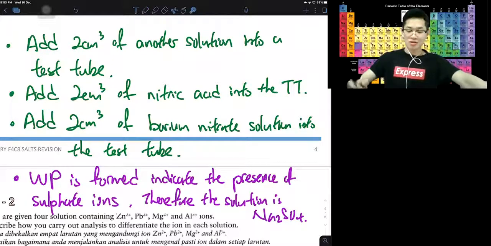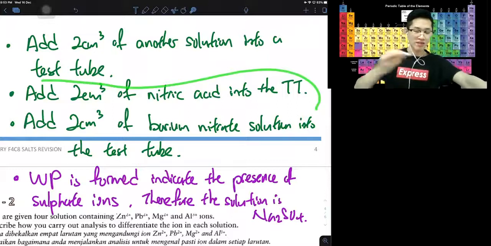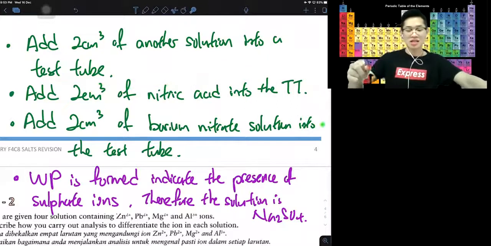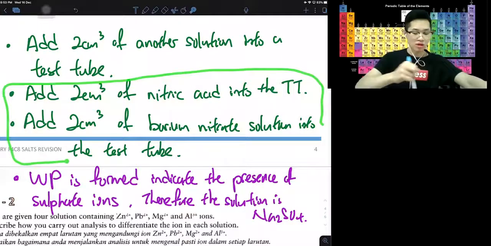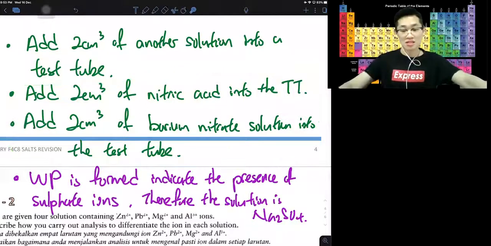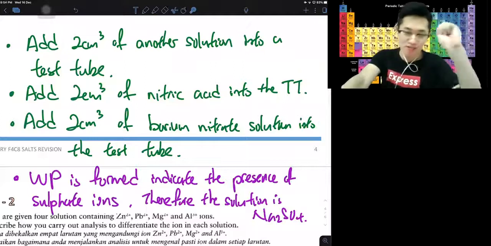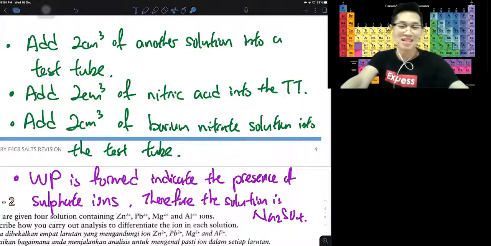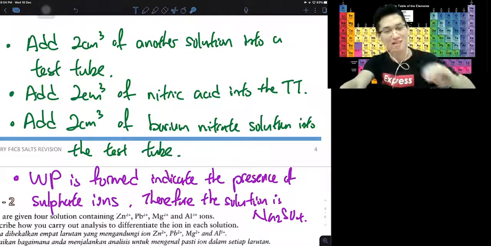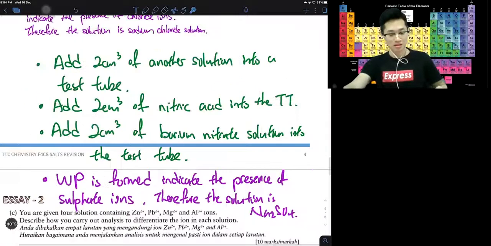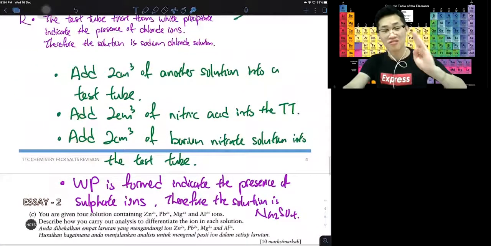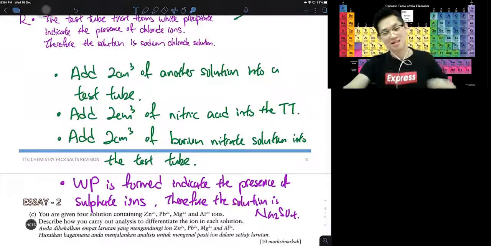To be honest, if I'm writing this answer in the exam, I will always combine this as 1 point in one sentence. But let's say I assume that you are a beginner, so I let you do sentence by sentence, which will be easier. So just like that, confirm 6 marks.